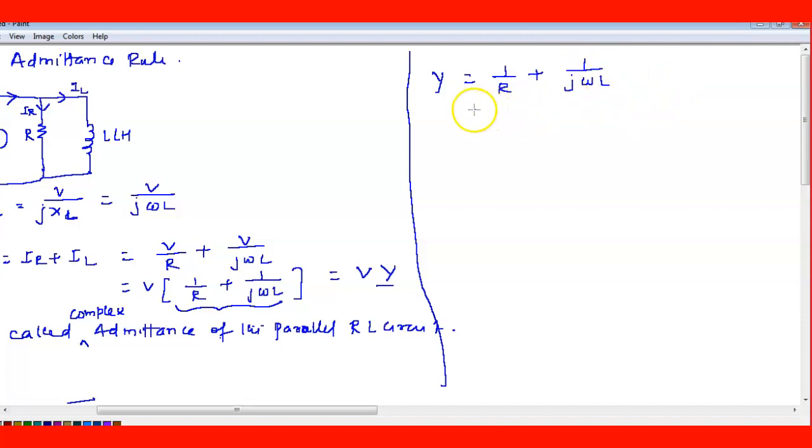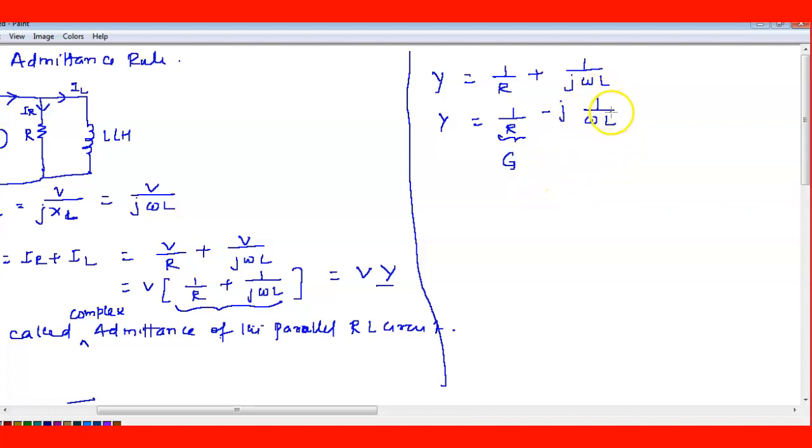So if you write it here, Y is equal to 1 upon R, and 1 by j is equal to minus j, right? Into 1 upon omega L as it is. So this is in the form of a complex number, where the real part of the complex admittance Y is called conductance, also represented as G.